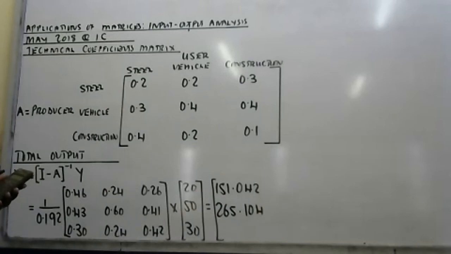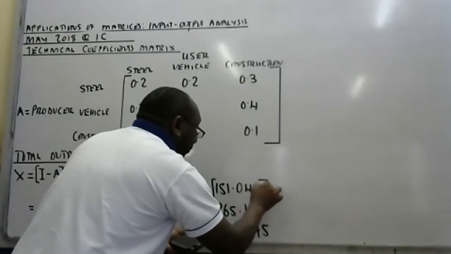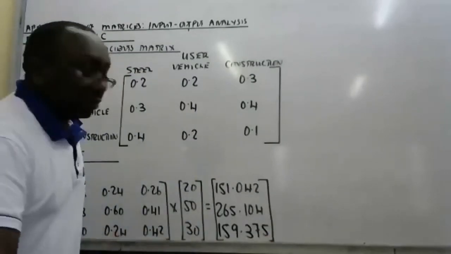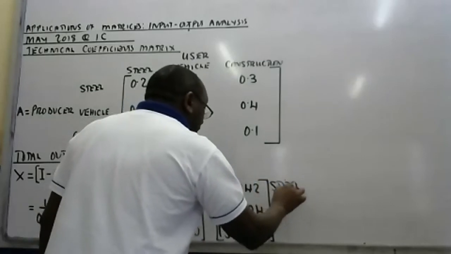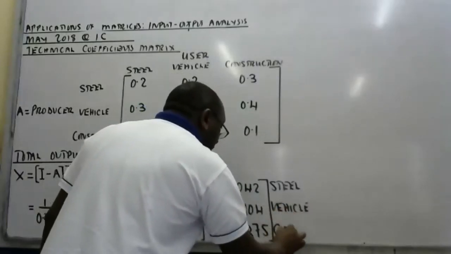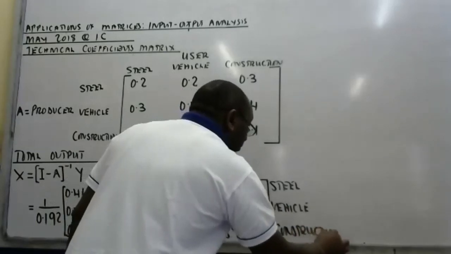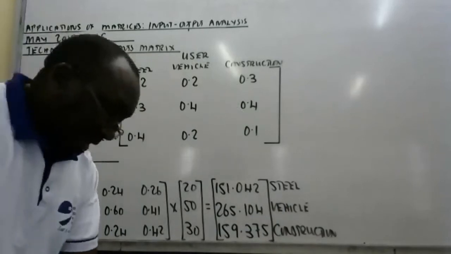Then 0.3 times 20 plus 0.24 times 50 plus 0.42 times 30 divided by 0.192 is 159.375. So these are the total outputs: this one is for the steel, this one is for the vehicle, and this one is for the construction. So that is the answer to Roman 2, the total output.